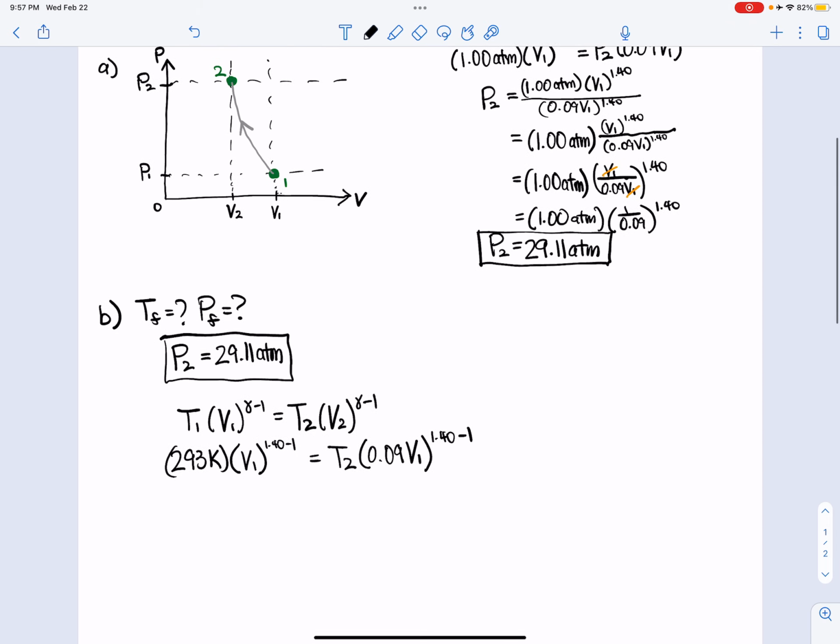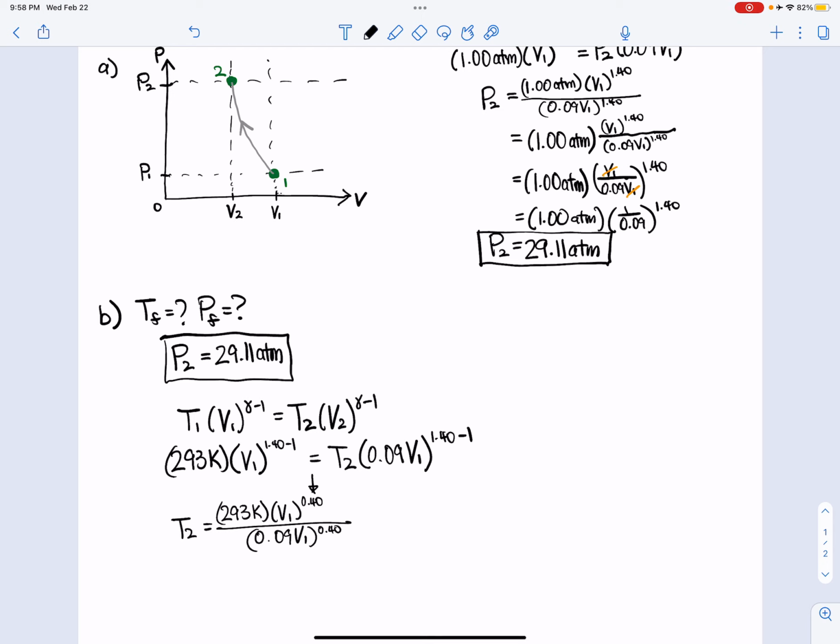Okay, so I'll rearrange this for T2. So that becomes T2 equals 293 Kelvin times V1 to the power of 1.40 minus 1, that's just 0.40, right? Divided by 0.09 V1 to the power of 0.40.